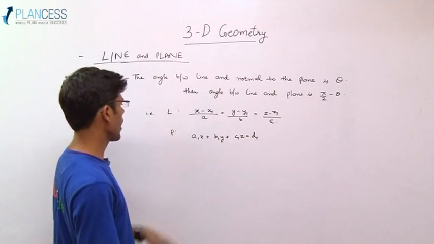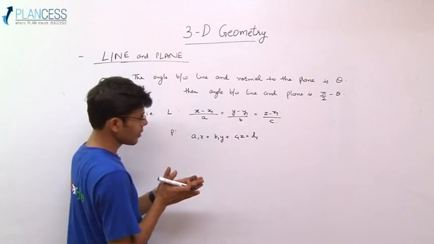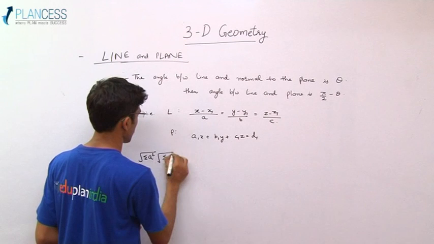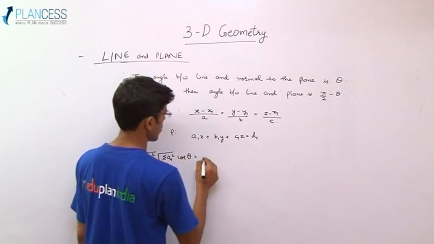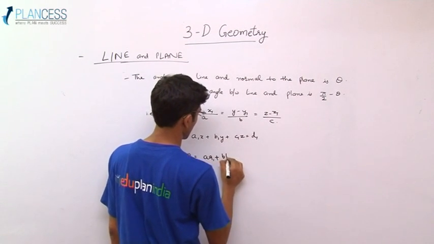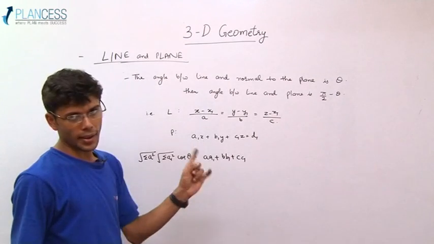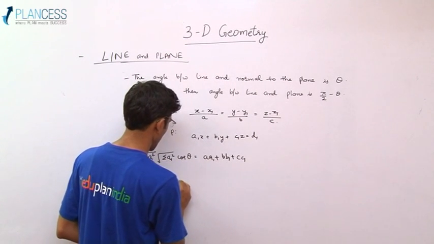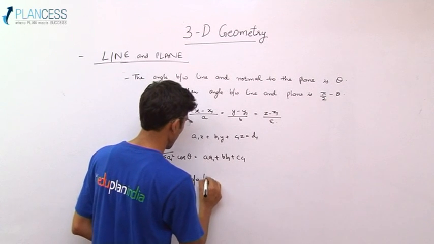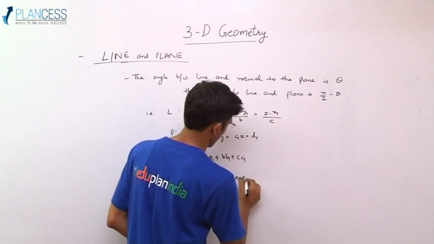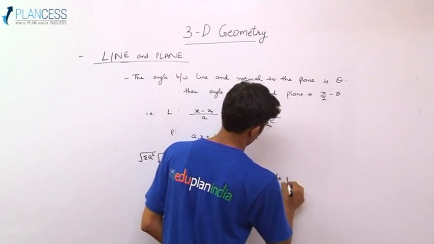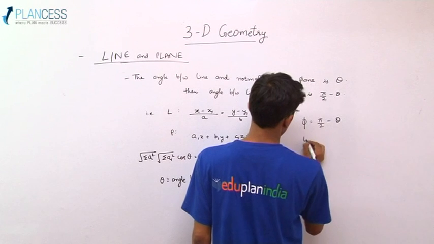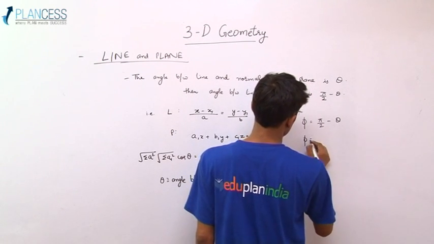Then theta is the angle between the line and the normal to the plane. So the actual angle phi is pi by 2 minus theta, where phi is the angle between the line and the plane.